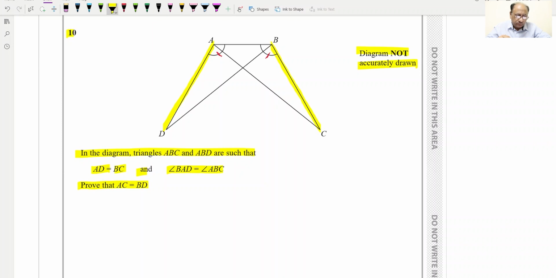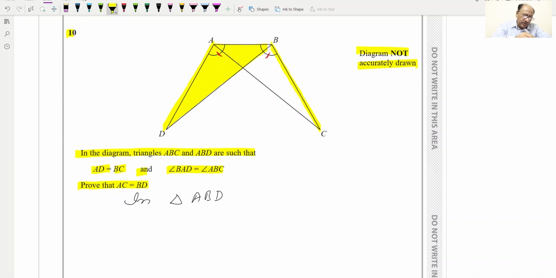Now we can consider basically two triangles. In triangle ABD, one will be the ABD triangle, which we can shade also. So the ABD triangle will be this one. So this is ABD.